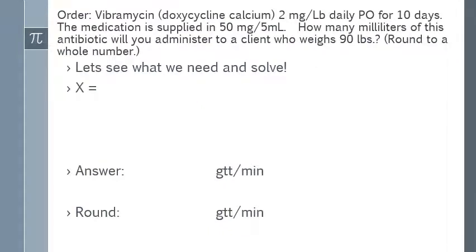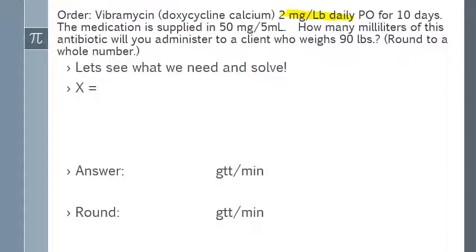So a lot to read right here. This is why I want you to look at what you need to solve. Use your highlighter, or if you're writing these on paper, or if you're using questions from a hard copy, highlight it, underline it, do what you need to do. So let's look at what we need. We have doxycycline 2 milligrams per pound daily for 10 days. Well, that 10 days is important, but I don't want you to see that number and put it into your calculation.